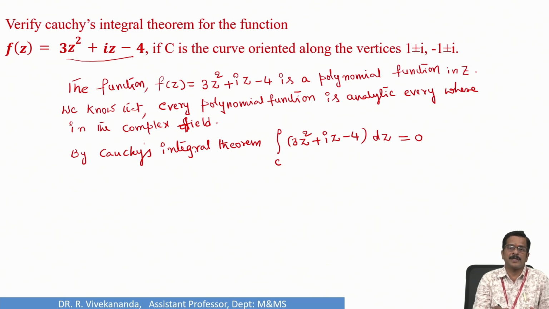Previously this sum I explained by taking the square, its vertices along the lines, along the sides, evaluating the integration and adding them, that is going to be 0. In that way also you can do, that I have explained in the previous video. Otherwise you can do like this. If it is asked as a long answer type question, you do it in that way, the previous method.